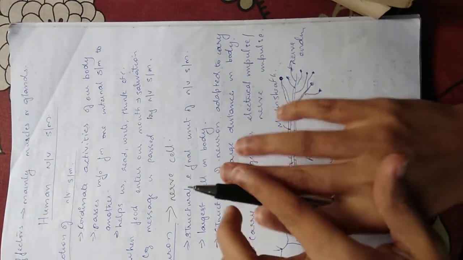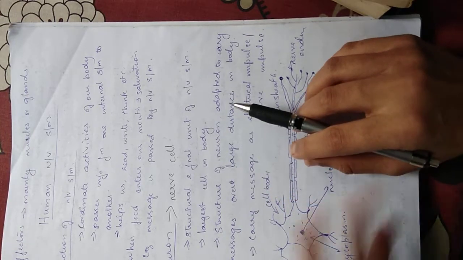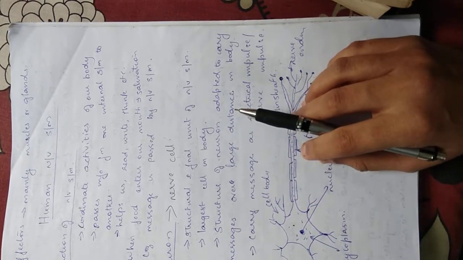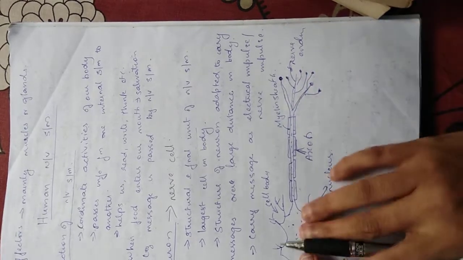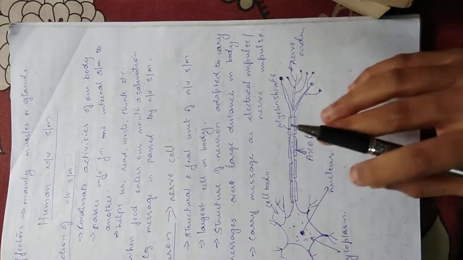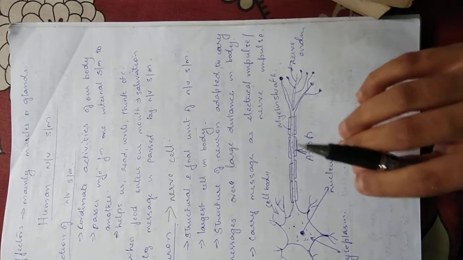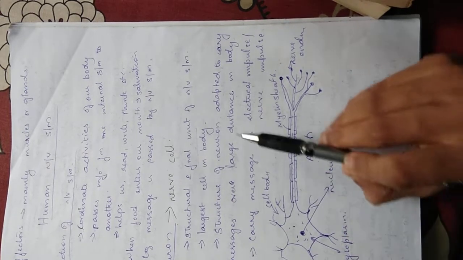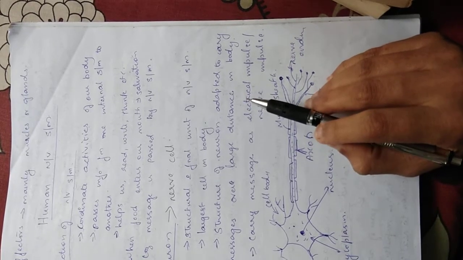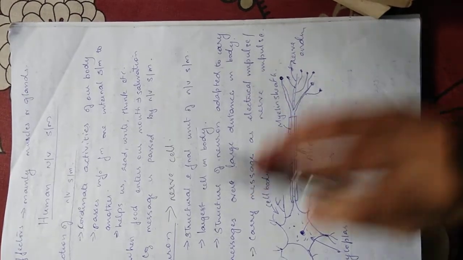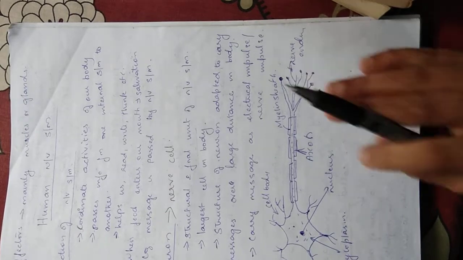If you had very small cells, you would need millions and millions of cells to carry these messages. If you have long cells, you need only a fewer number of cells. So in order to carry messages over long distances, the neuron has a very long cell body.